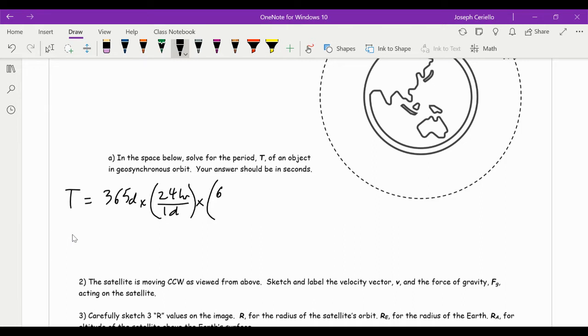We have 60 minutes in 1 hour. And we have 60 seconds in 1 minute. Minutes cancel, hours cancel, days cancel. So if we multiply out, we should get how many seconds are in a year.